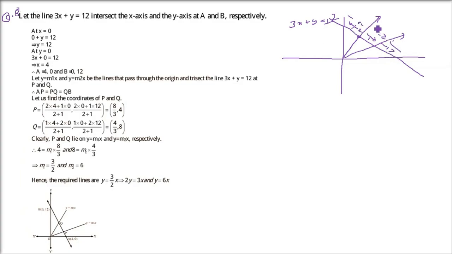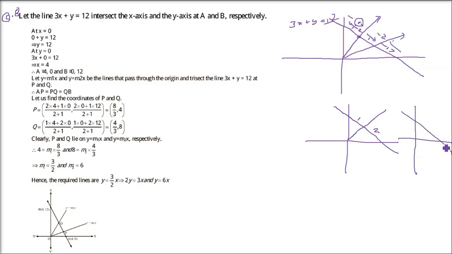So first we'll take this line, with m as 1 and n as 2. I'll show them separately. Now the second line, the lower one, is dividing 3x plus y equals 12 as 2:1.